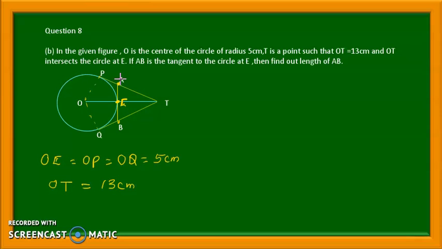You can say that PA and PE are equal. The theorem is saying if we draw tangents from an external point to a circle, the lengths of the tangents are equal. So we can write here PA is equal to PE.